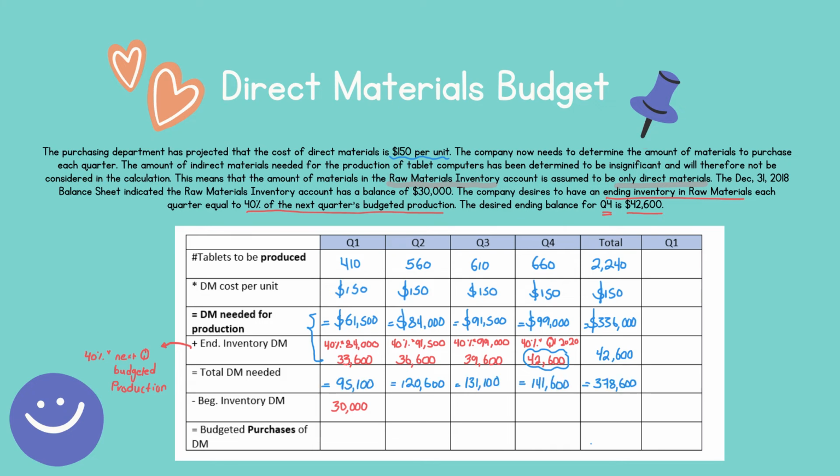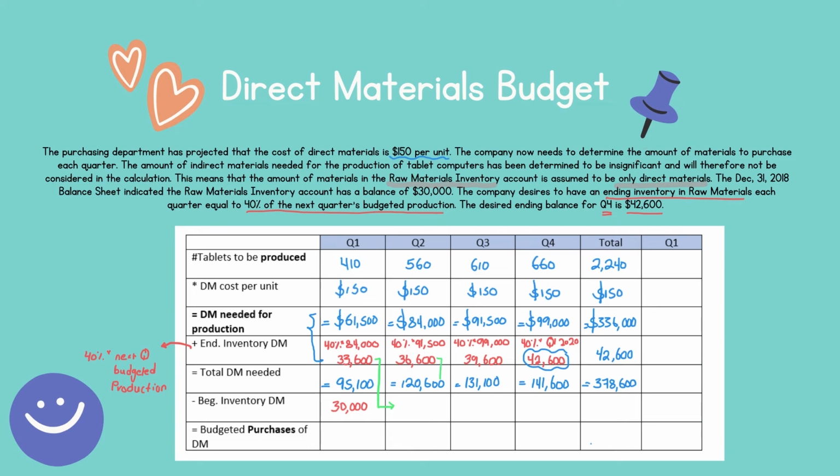Now the beginning inventory for direct materials in quarter one is 30,000. Again, we got this number from the balance sheet, for the raw materials inventory account under current assets. Now, the ending inventory balance for each quarter will be the beginning for the next one. So the ending for quarter one will be the beginning for quarter two.